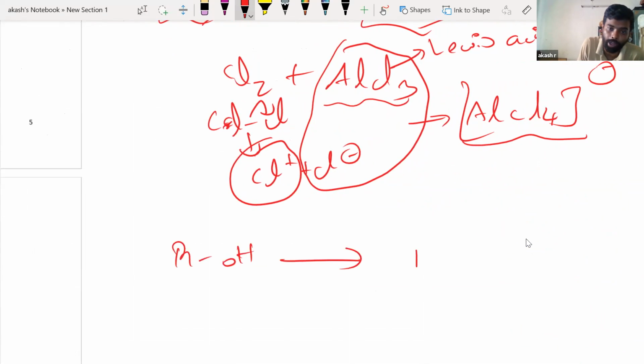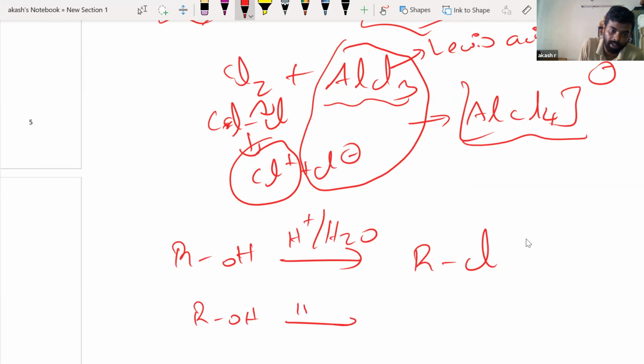ROH, I am going to convert it into RCl. Now, obviously, I have to put H plus in the presence of H2O, aqueous acid. If you look at the mechanism here, ROH will first accept the H plus. Now, look at the arrow shooting. You should always put the arrow shooting from negative to positive. Negative only will attack the positive.